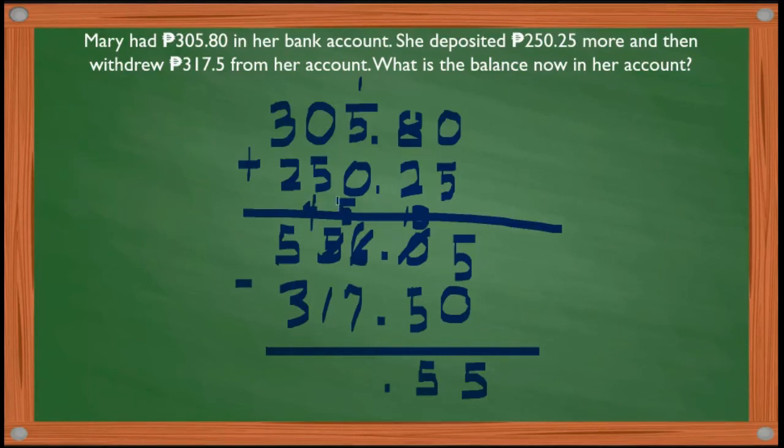So, ito magiging 15. 15 minus 7 is 8. And then, 4 minus 1 is 3. And then, 5 minus 3 is 2. So, our answer is 238.55. And don't forget to write the peso sign. And then, label nyo dyan yung balance.